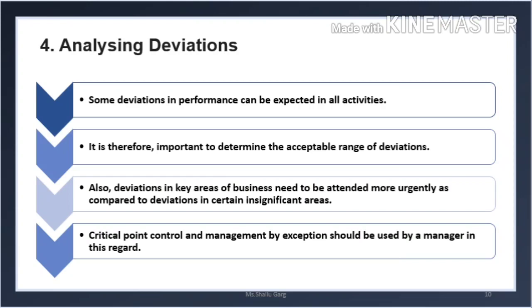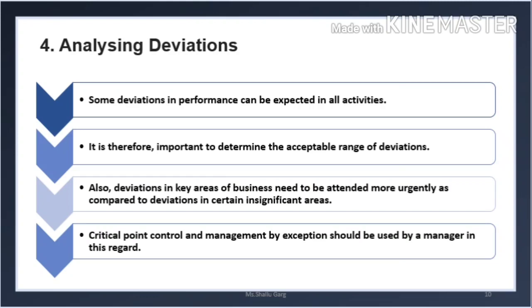Like, some deviations are obvious in all activities. It is therefore important to determine the acceptable range of deviations. Also, deviations in key areas of business need to be attended more urgently as compared to deviations in certain insignificant areas.